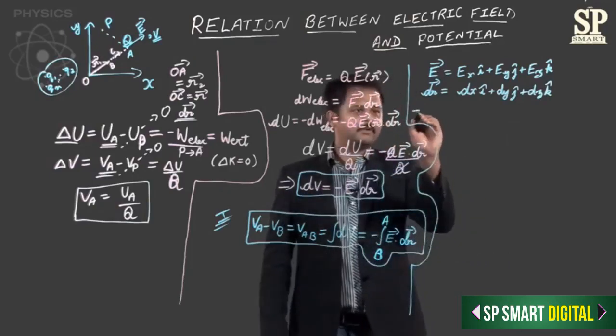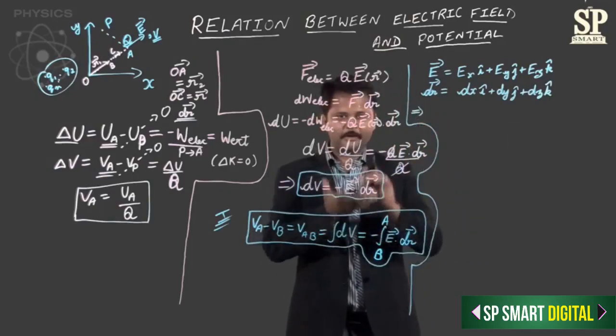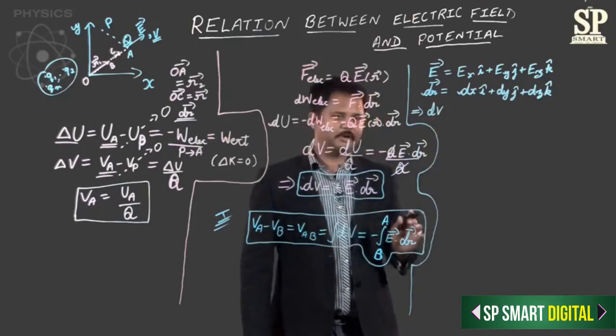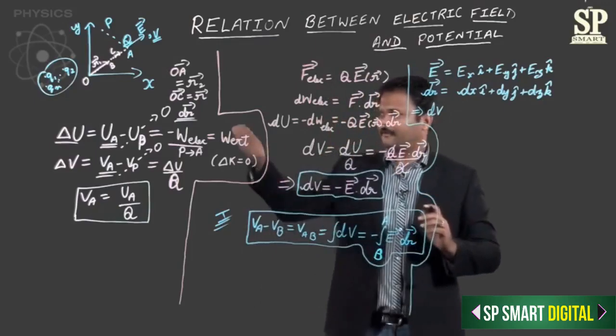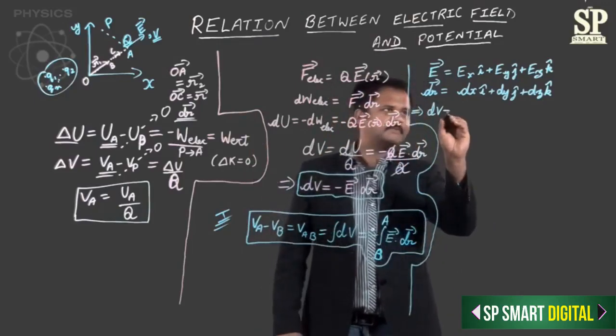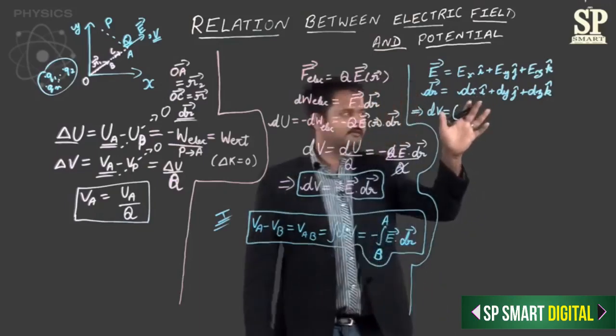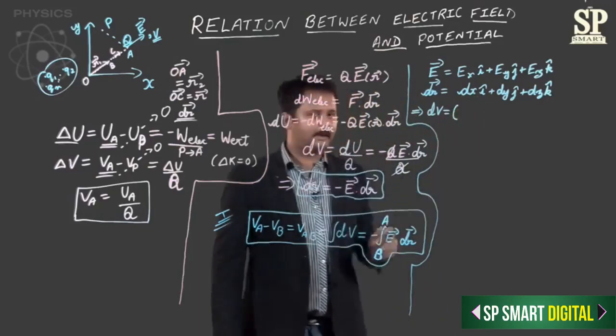Then dv becomes equal to... dv is a scalar, right, because we have a dot product here. dv, or the small change in potential in moving through this differential displacement, becomes equal to, we know the form of calculating the dot product whenever we have been given components.